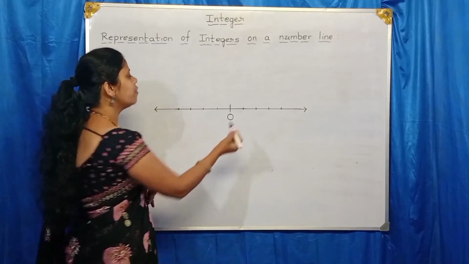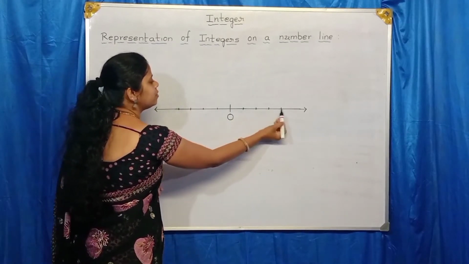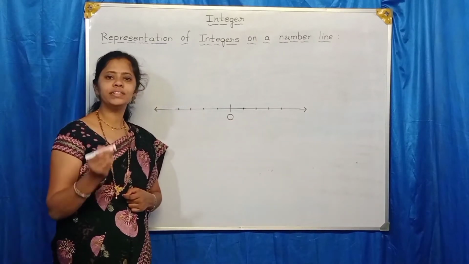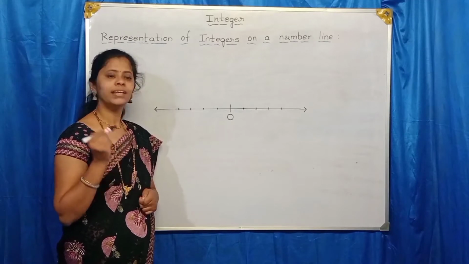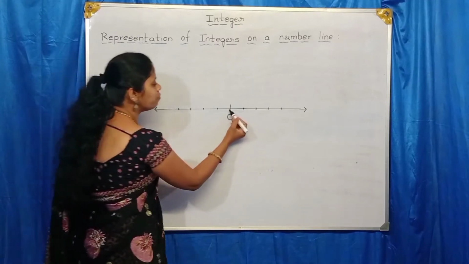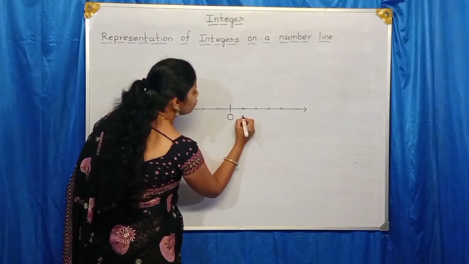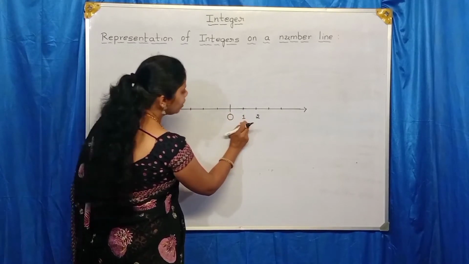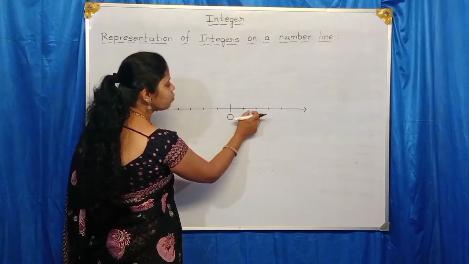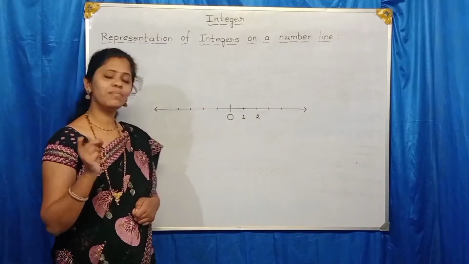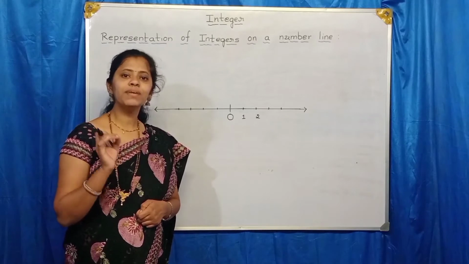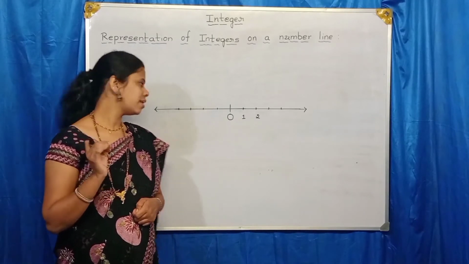And you can see we have marked the points here, right? And each point is equidistant from one another. It means from 0 to 1, if it is 5 centimeters, then the distance between 1 and 2 is also 5 centimeters. And remember one thing, in a number line, the points must be equidistant from one another.